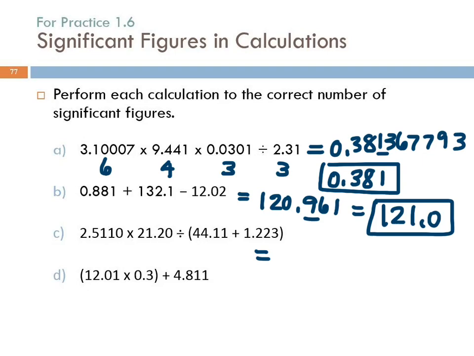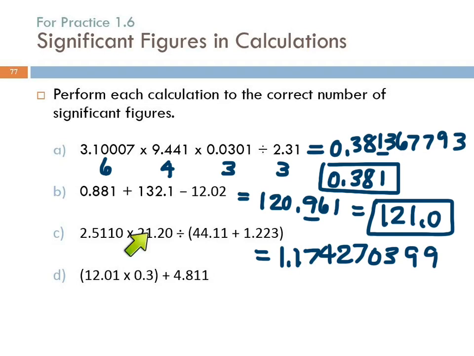So with this one, letter C, my calculator is showing me 1.17427. Well, we've got adding mixed with multiplying and dividing.